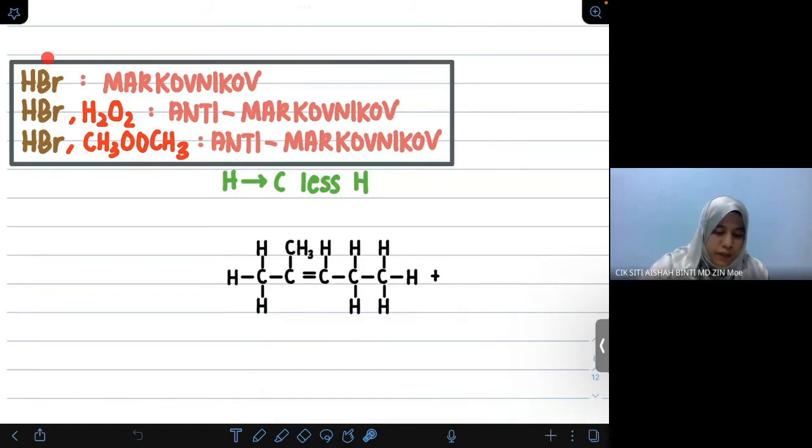If it is only hydrogen bromide, like our example number 3, it will follow the Markovnikov rule. If the hydrogen bromide included H2O2, it will follow the anti-Markovnikov rule. For example, with dimethyl ether, it also follows the anti-Markovnikov rule, where hydrogen will be added to the carbon with less hydrogen, and bromine will be added to the carbon with more hydrogen. It is a bit reversed.